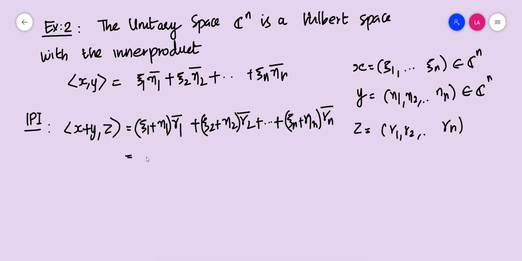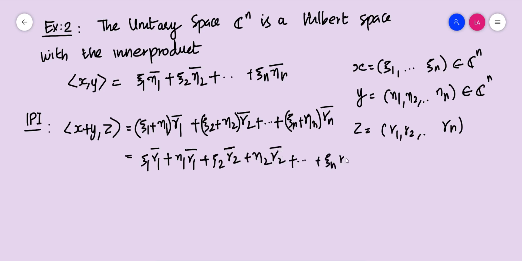Now we can split this up into theta 1 gamma 1 conjugate plus eta 1 gamma 1 conjugate plus theta 2 gamma 2 conjugate plus eta 2 gamma 2 conjugate plus etc. theta n gamma n conjugate plus eta n gamma n conjugate.